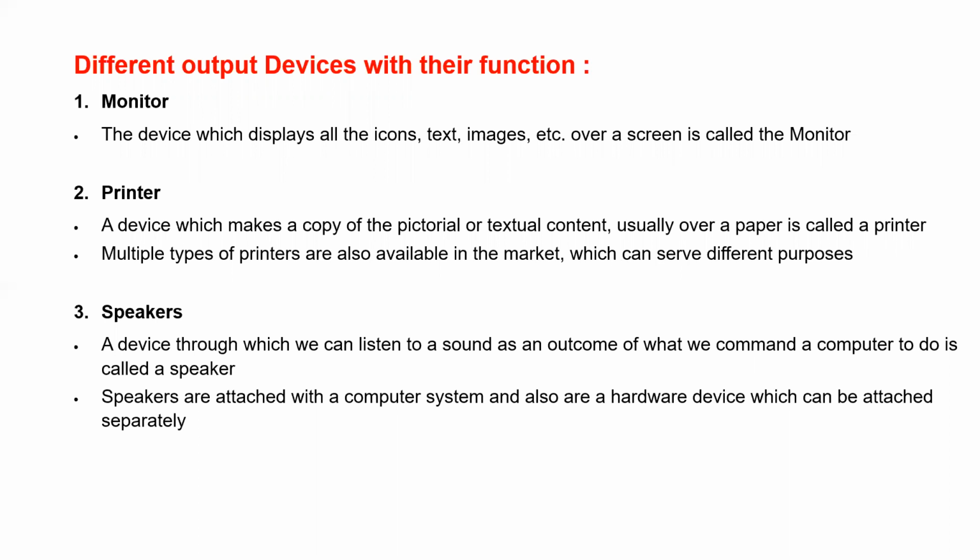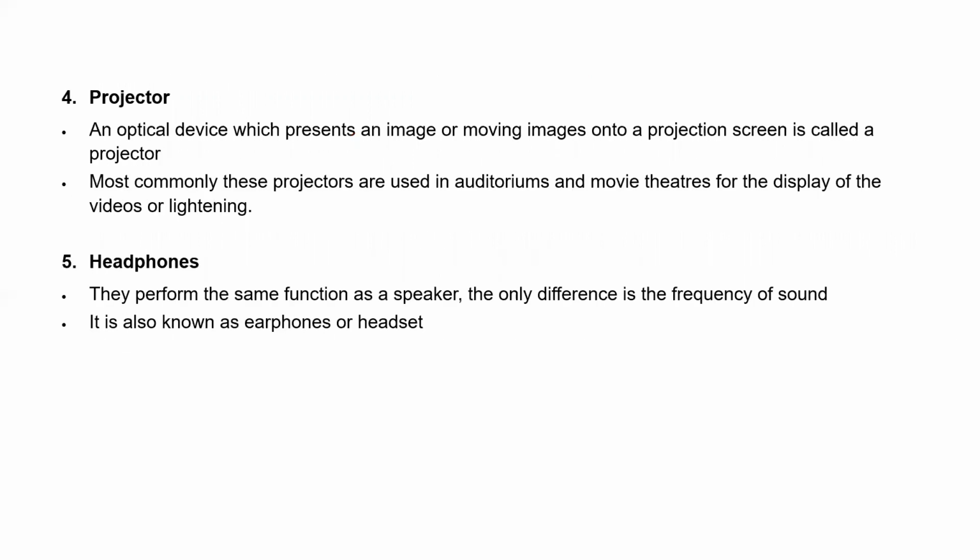The third one is the speaker, a device through which we can listen to sound as an outcome of what we command the computer to do. Speakers are attached with the computer system and are also hardware devices which can be attached separately at the specified ports. Next is the projector. It is an optical device which presents an image or moving images onto a projection screen.